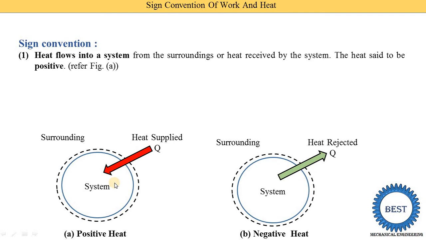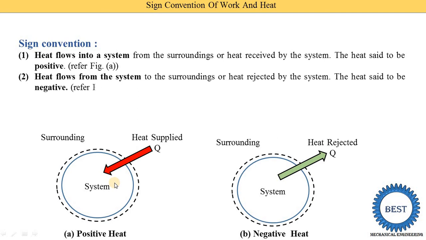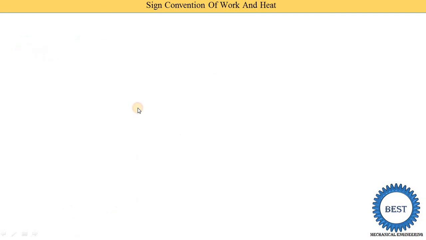That means the silencer is rejecting heat to the atmosphere, which is called negative. So when heat flows from the system to the surroundings, meaning we are rejecting heat to the atmosphere, the heat is said to be negative. In this image you see the system, the outside is the surrounding, and we are rejecting the heat, that is called negative heat.